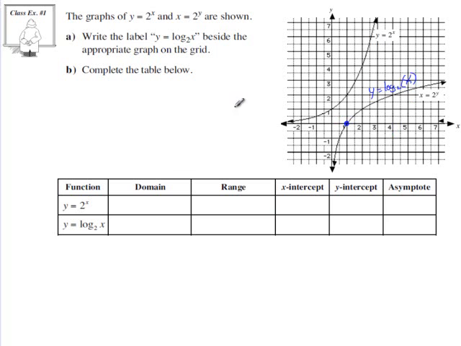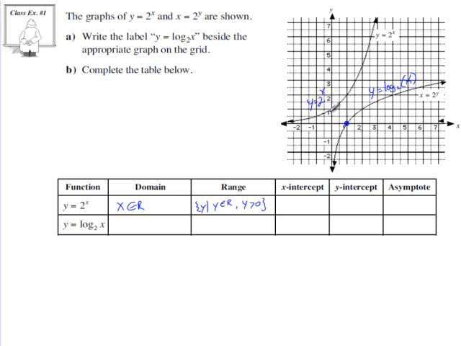The table below, so this one here is our y equals 2 to the x. For our y equals 2 to the x graph, the domain: x can have any value it likes, so x is a real number. Range: y would have to be greater than 0, so y is a real number and y is greater than 0.